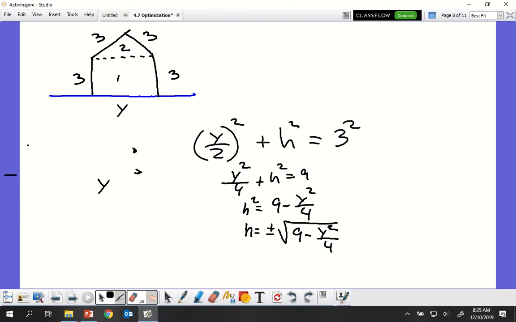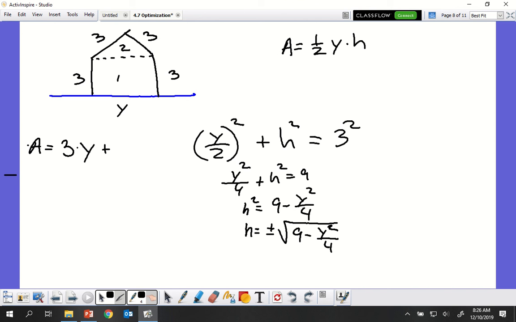So if I'm maximizing area, the area of the bottom, A equals 3 times y, right? And plus the area of the top, so area of the triangle is equal to 1/2 base, which is going to be my y, times height.